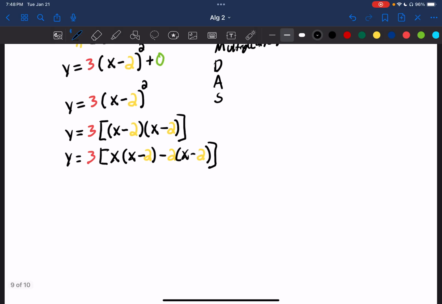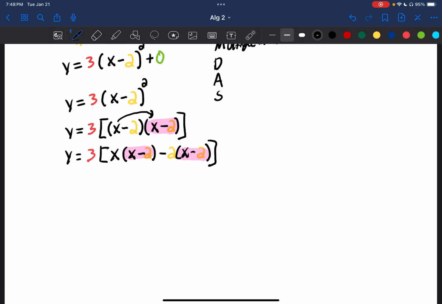Okay, and so here I'm going to highlight this again. This is going to help us out a lot when we start factoring things in a couple of weeks. But this whole term went here and here, right? We distributed the x to that term, which gave us what we see here. We distributed the -2 to this term, which gives us what we see here. Right? We distributed each term in the first expression to the entire second expression.